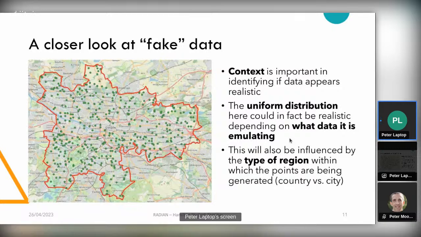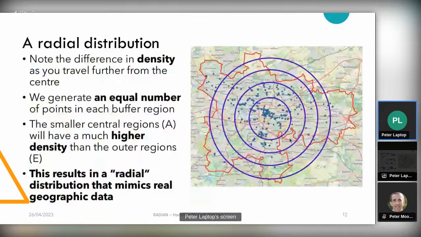But for other things, like I said, maybe houses or restaurants or pubs, you could have a more centralized distribution depending on where you are.